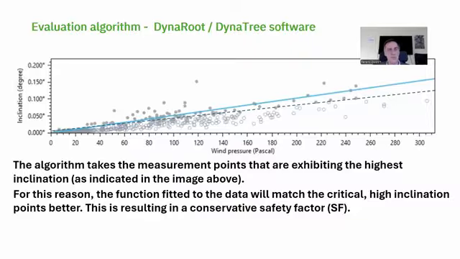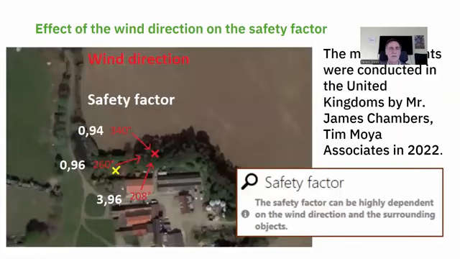In this way it is a type of pessimization of the method, but we believe we are closer to the real safety factor. We always give a statement around the final result that the safety factor can be highly dependent on the wind direction and the surrounding objects.